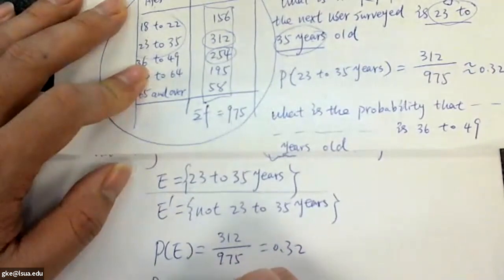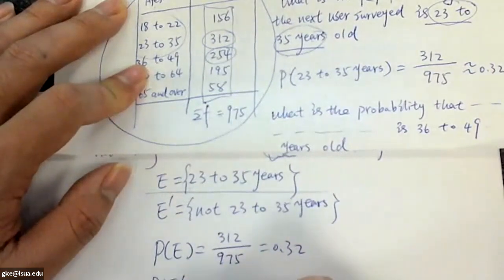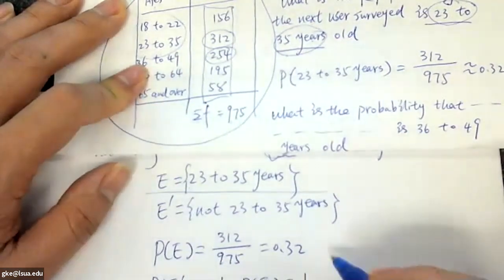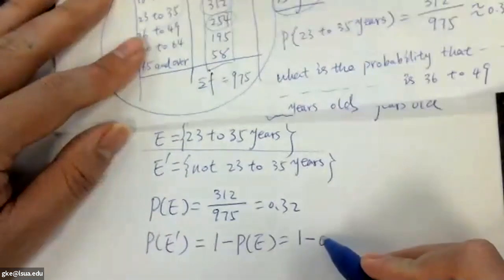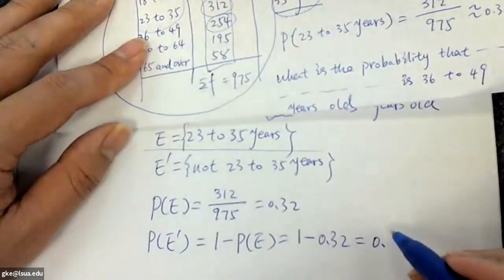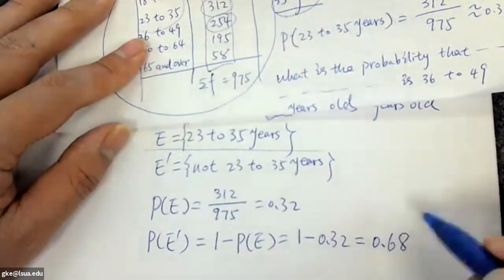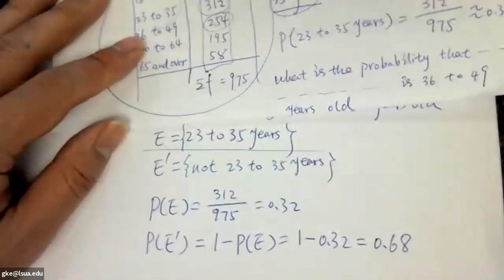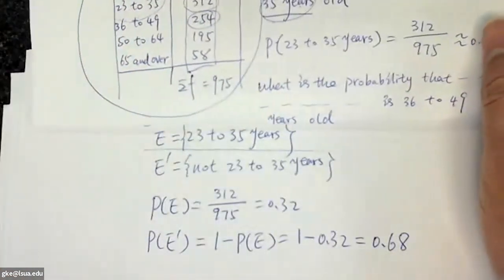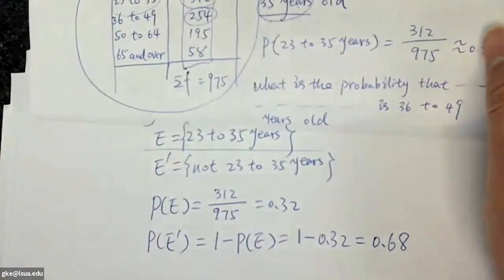Now you can calculate P(E prime), which is 1 minus P(E). So it should be 1 minus 0.32, and that gives you 0.68.